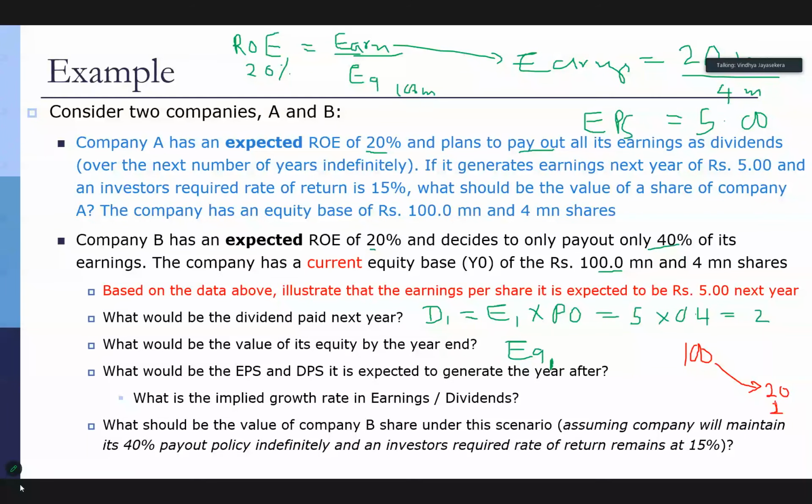Sorry, 8 million. Dividends of 8 million. And I'm remaining with 12 million. 12 million is retained earnings. It adds on to my equity base. So now my equity becomes 112 million. Equity goes from 100 million to 112 million.